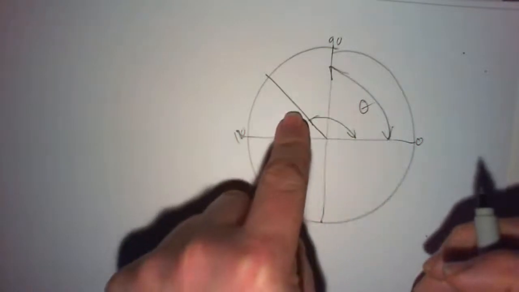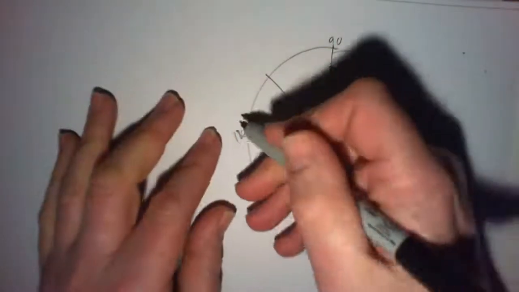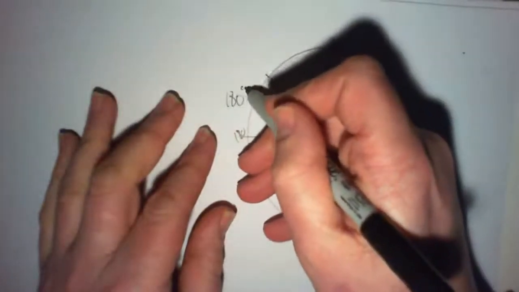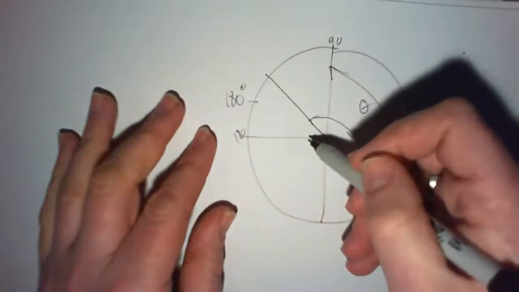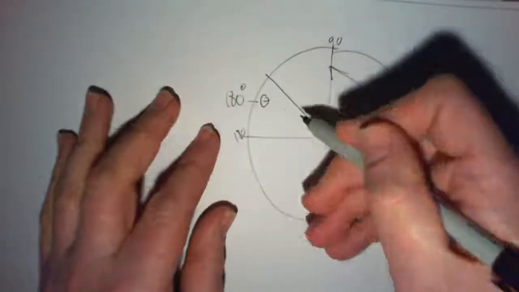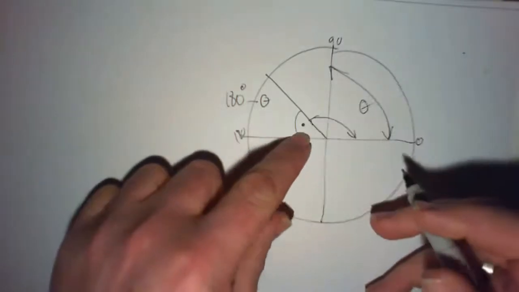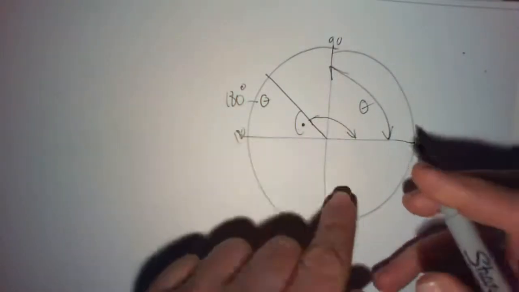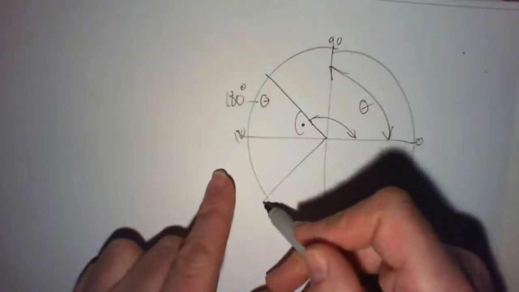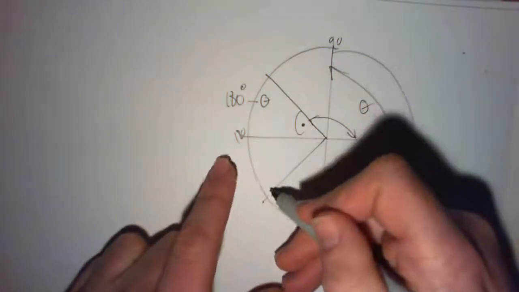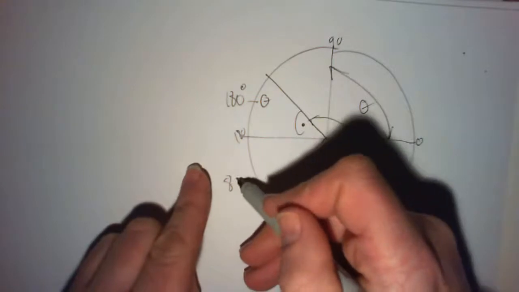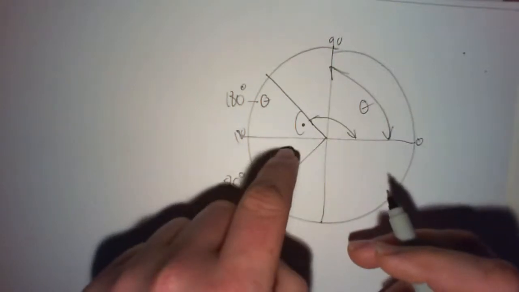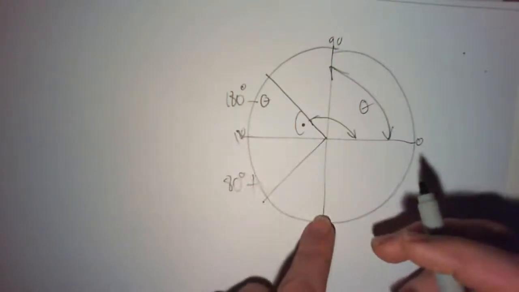So any angle that comes in here is going to be 180 minus that angle, because that'll give you the reference one in here. Similarly, anything that creeps in here, the reference angle is going to be 180 plus it, right up to here.